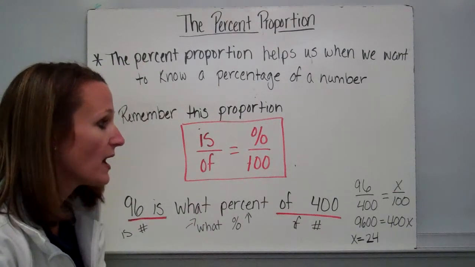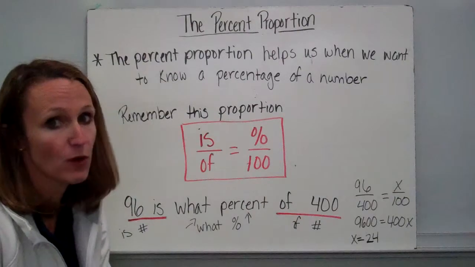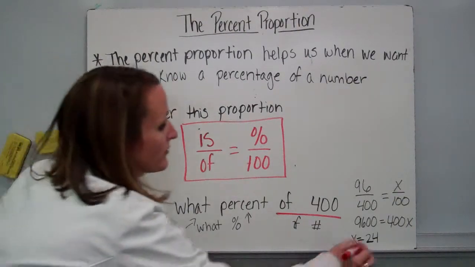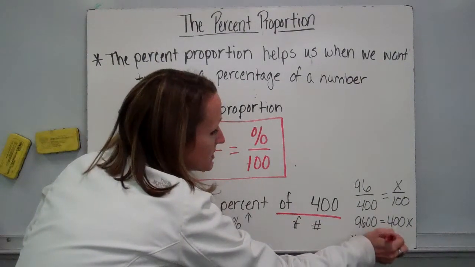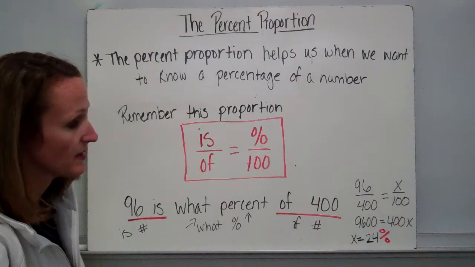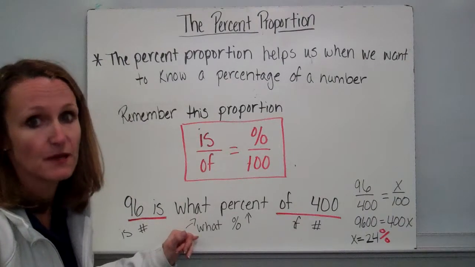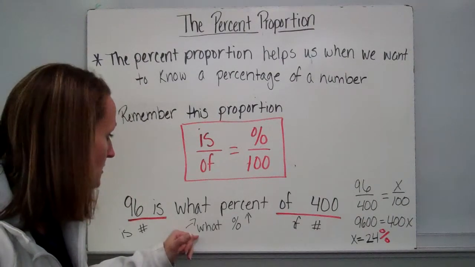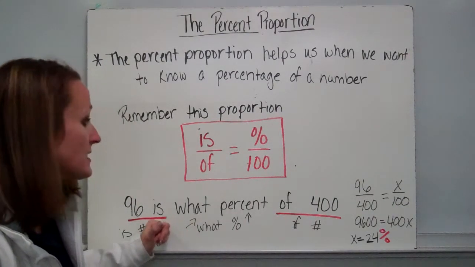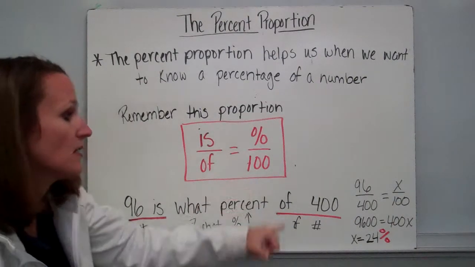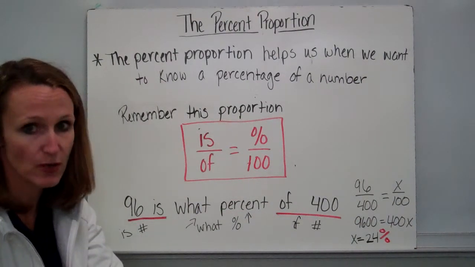When we divide by 400, we get 24. And in this case, it's not just 24, it's 24 percent, because our question was asking what percent. So in this case, 96 is 24% of 400. So we've answered our question.